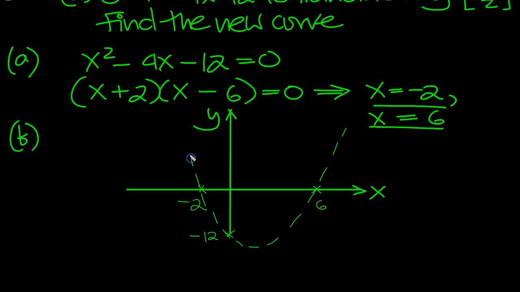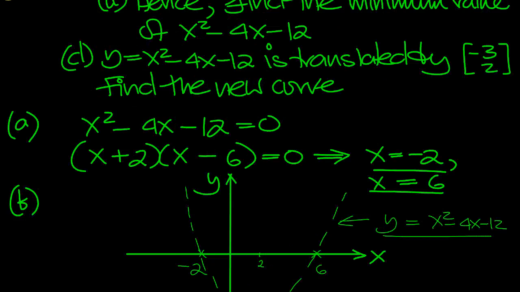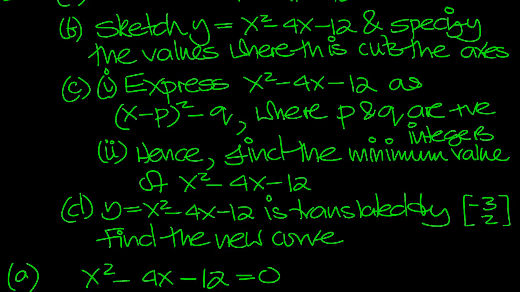It's a U-shaped curve with those two roots. The middle point between 2 and 6 is, of course, 2. So this would be the lowest point on the curve here. So there's our curve then. Y is equal to x squared minus 4x minus 12. And there's the sketch. So that's part B.